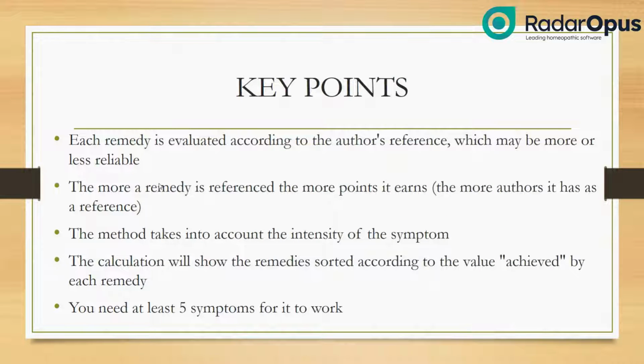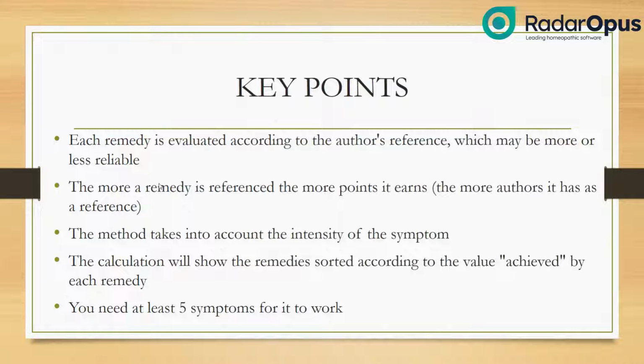The key point of this master score expert tool is that each remedy is evaluated according to the author's references. So the more classical the author is, the more scoring that particular remedy gets. And the more a remedy is referenced, the more points it earns. So it refers to the number of references and also the classical authenticity of the authors.